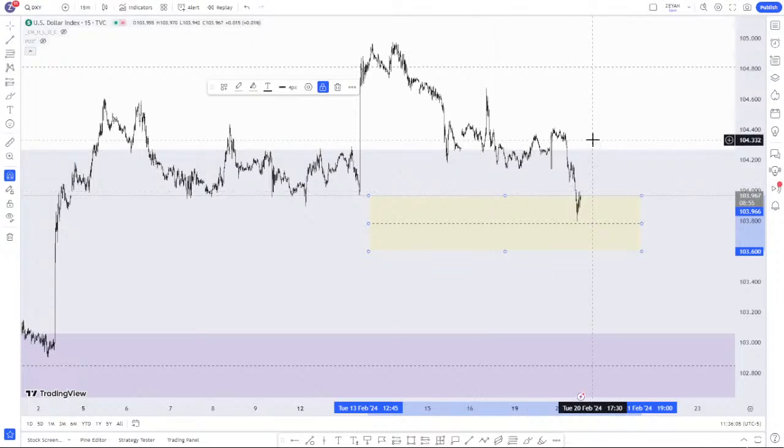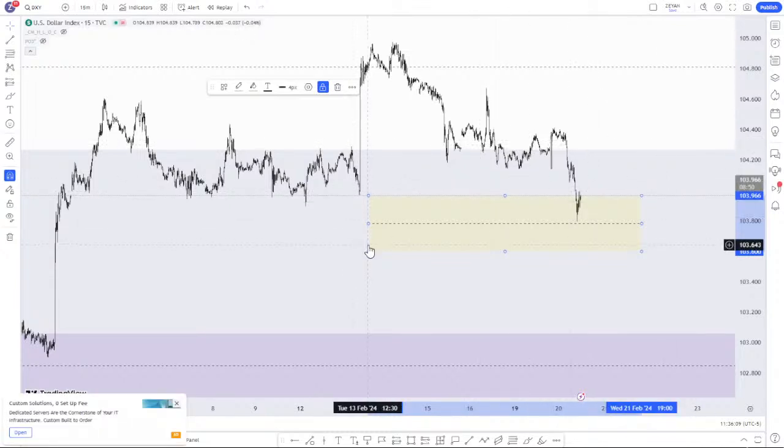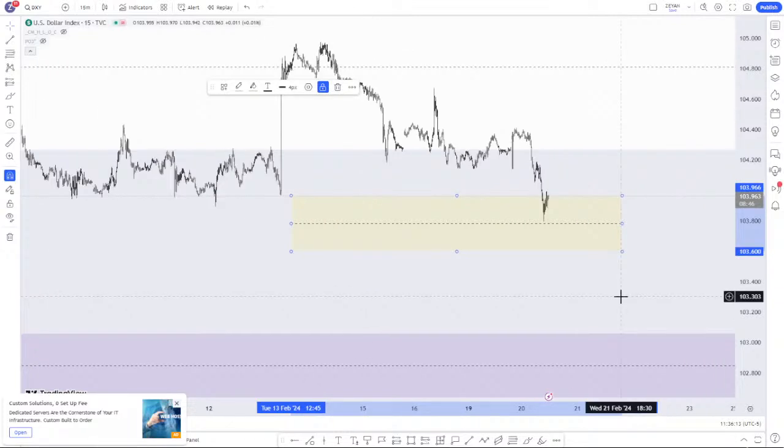This was updated on the community post about 4 days ago. I said I do not want to look for swing shorts on the dollar as long as the dollar is above this point, and if the price moves to this point, this would be an area of interest.